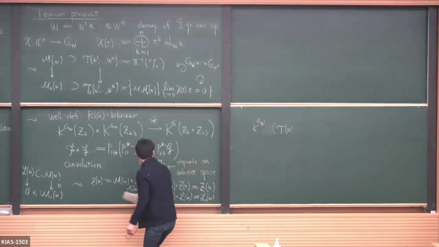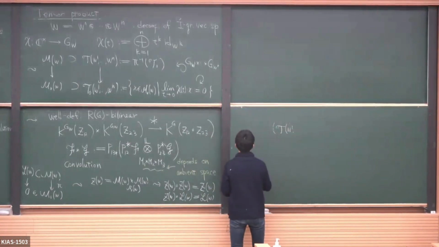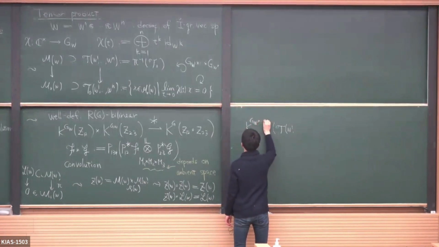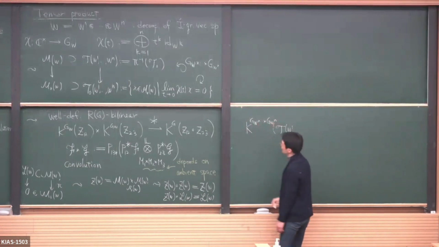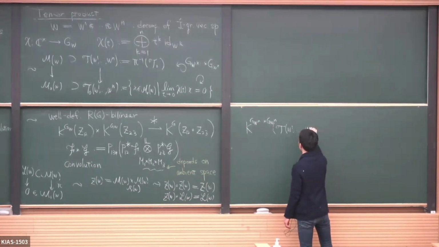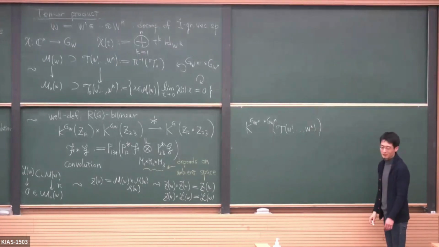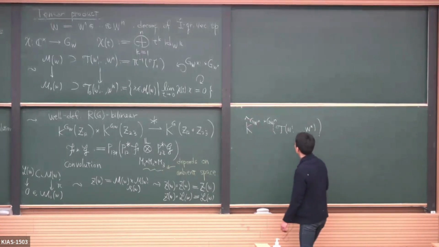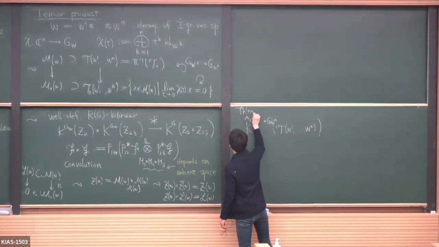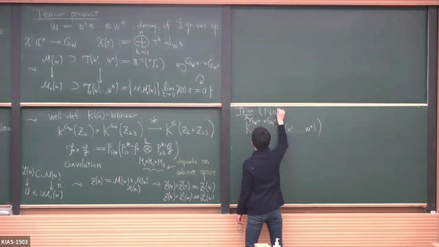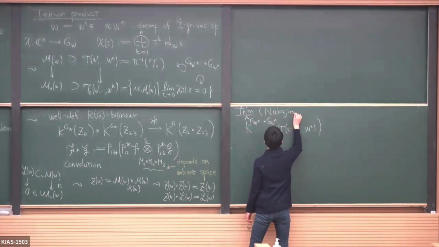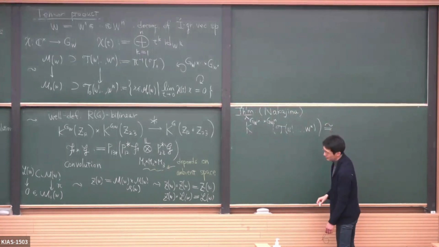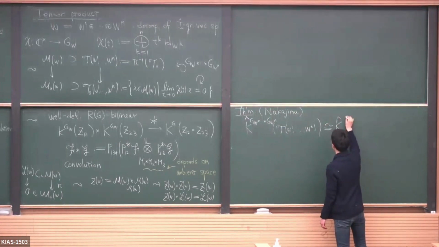So now we consider K of GW1 times GW2, so we consider this kind of equivariant K-theory and take completion. Then, and this is a theorem by again Nakajima, this will be isomorphic to the product of equivariant K.